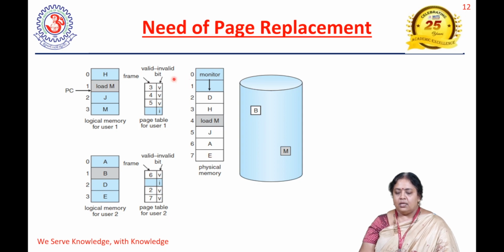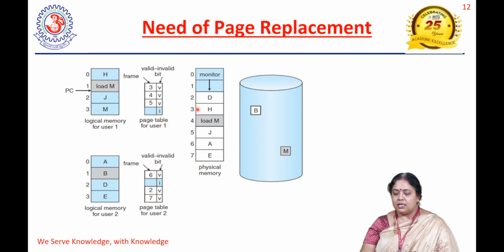Now the process is executing the first page, which is allocated in the fourth frame. So what is the instruction here? Load M. Where is M? M is in the third page, which is not allocated in the memory because it has an invalid bit. Then what happens?